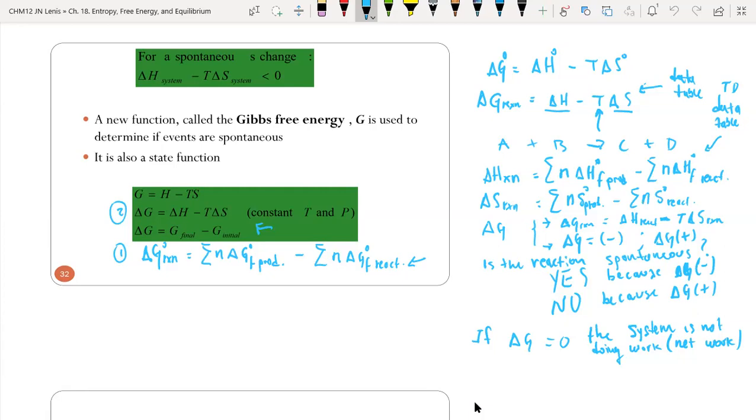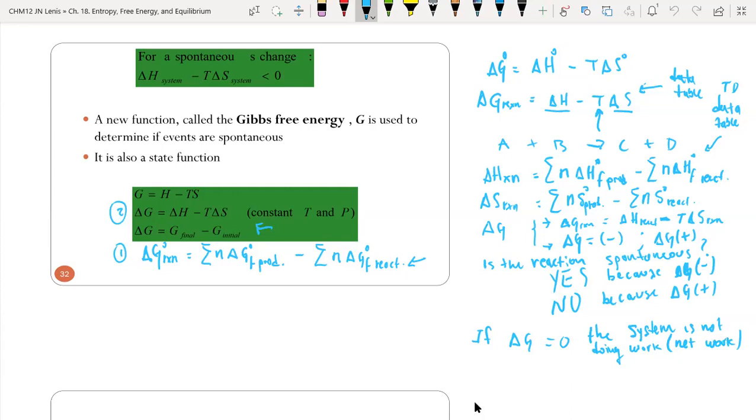It's not producing any net work. So the energy is not being converted into work. The energy is being converted into heat, but no useful work. If delta G becomes zero, the system is not doing work at all.